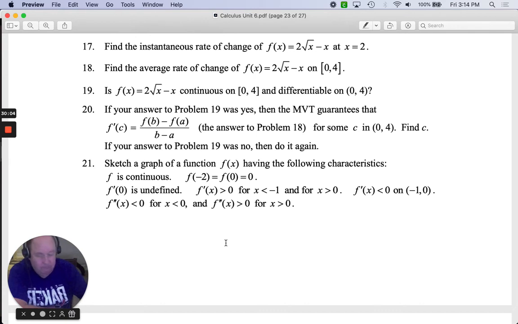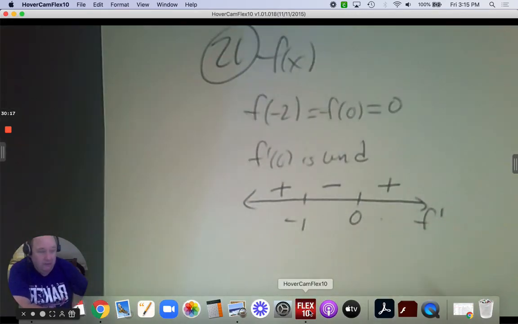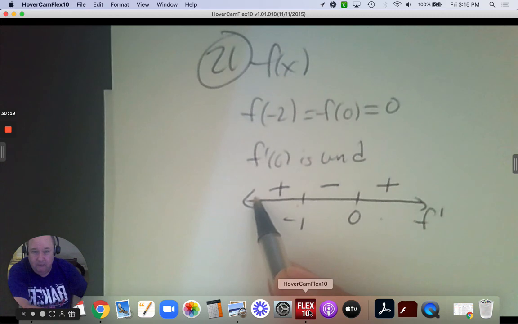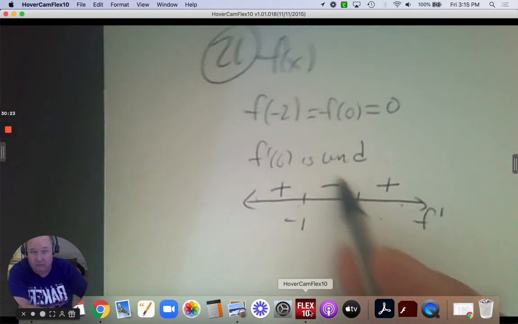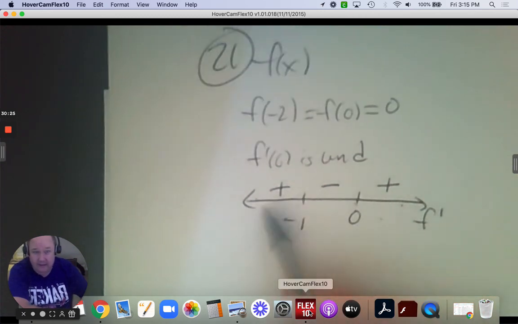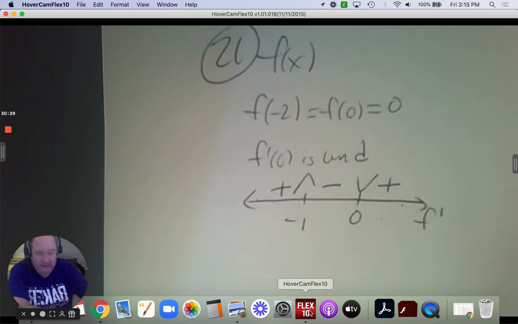When x is bigger than 0, the derivative is positive. From -1 to 0, the derivative is negative. So I try to be a good reader, and I drew a number line. So I increase, decrease, increase. So I know there's a maximum and I know there's a minimum at those values.